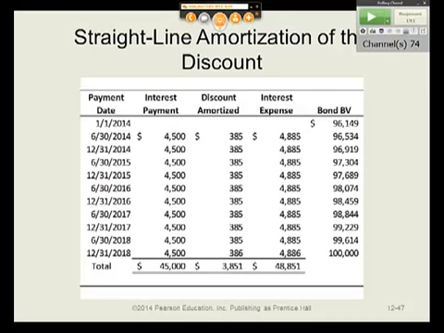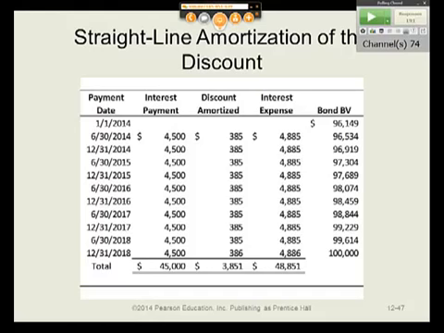Now, as the discount is amortized, notice what happens is that the debt balance goes up. So that, in this case, 96,149 is your opening balance. If you take the 385, the discount brings the debt up to 96,534.